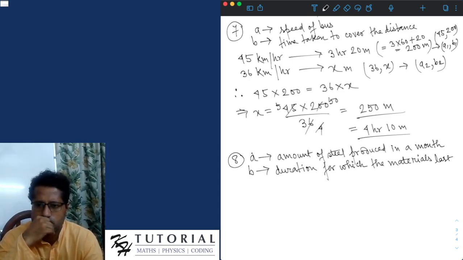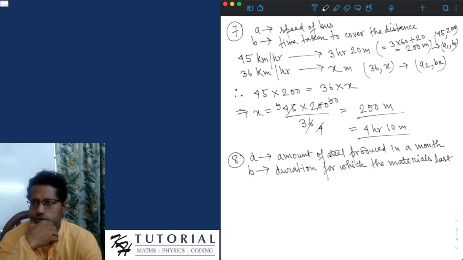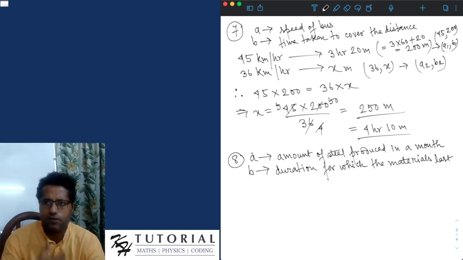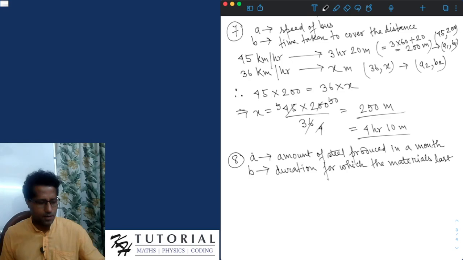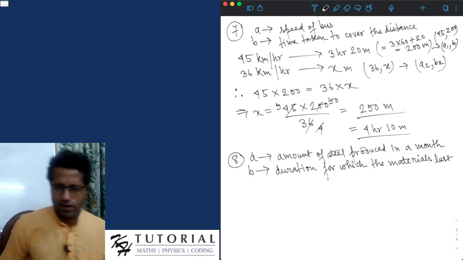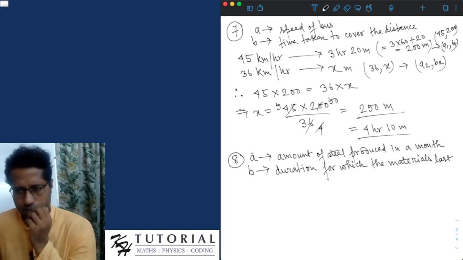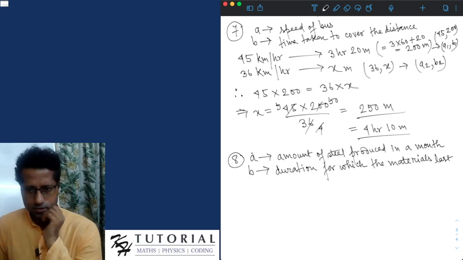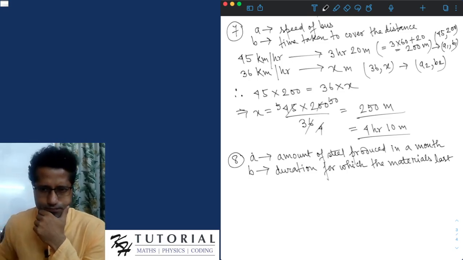So if you increase A, B will decrease. And if you decrease the amount of steel to be produced, the materials will last for a longer time, so B will increase. So A and B in this case vary inversely. But we need to also consider the data given.